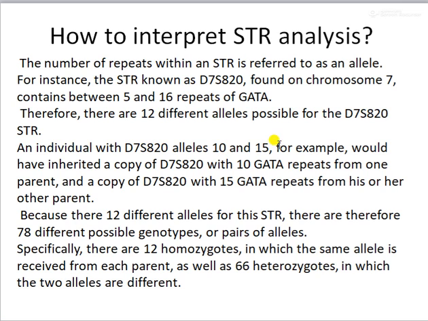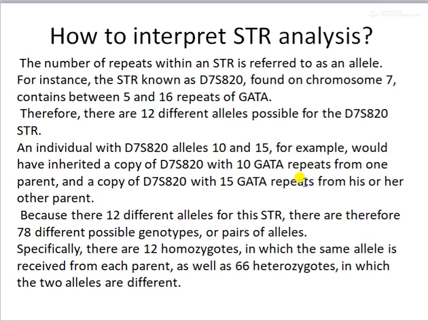Sometimes an individual will have 10 repeats, and we always have two pairs of chromosomes. So in one chromosome, this STR might have 10 repeats, and in the next chromosome at that particular locus 15 repeats would be there.